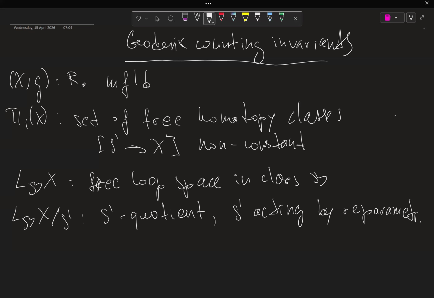Stop me, please, if you have any questions. An element here I'm going to call a geodesic string, just for brevity.